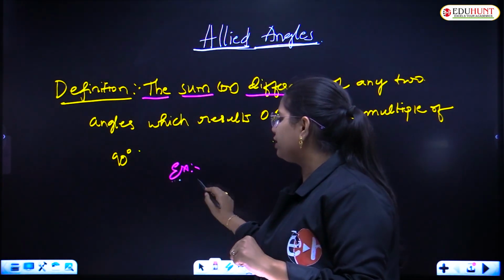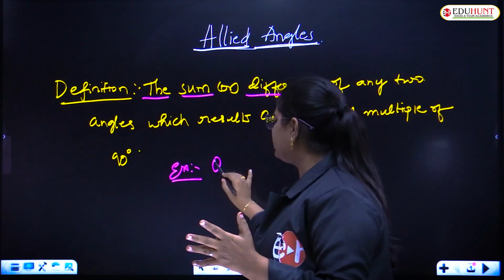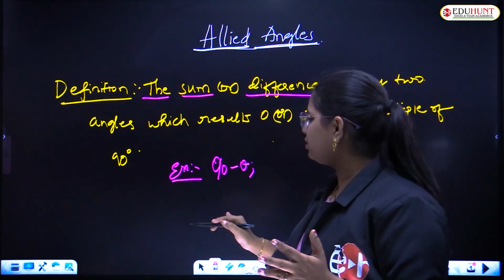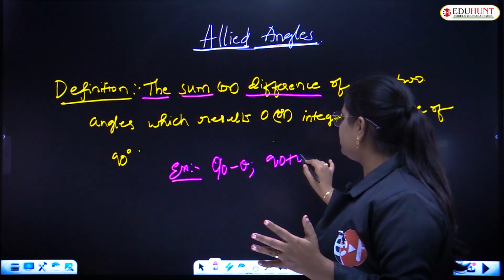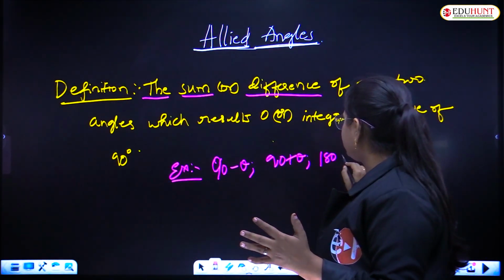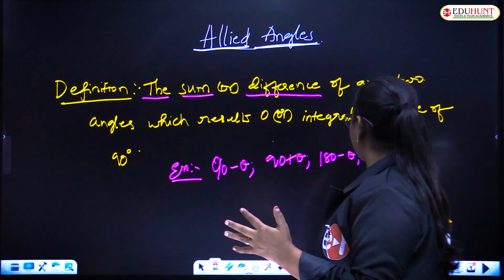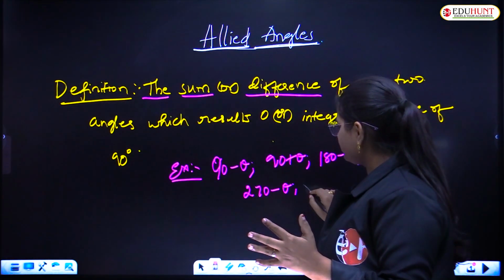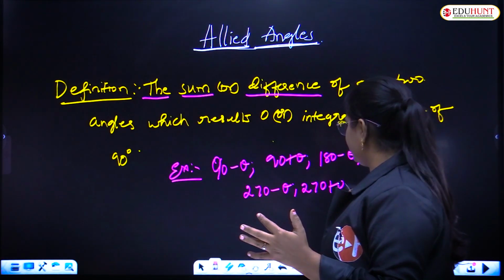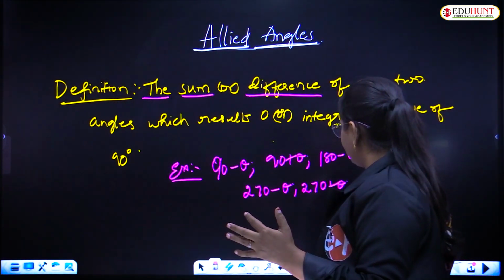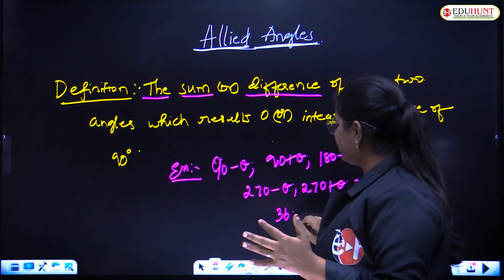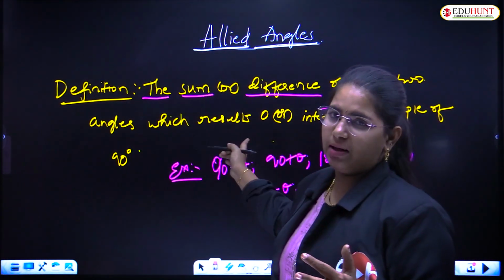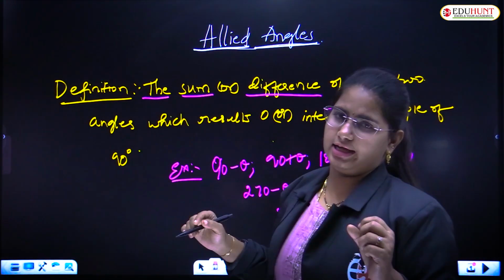Examples are 90 minus theta, 90 plus theta, 180 minus theta, 180 plus theta, 270 minus theta, 270 plus theta, 360 minus theta, 360 degrees plus theta. So these are some examples of allied angles.